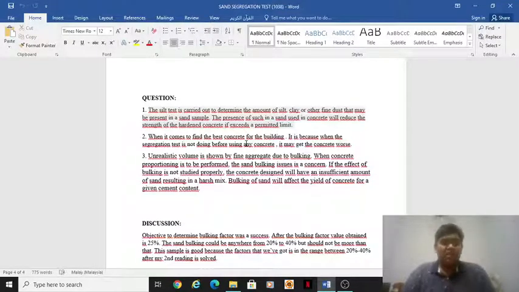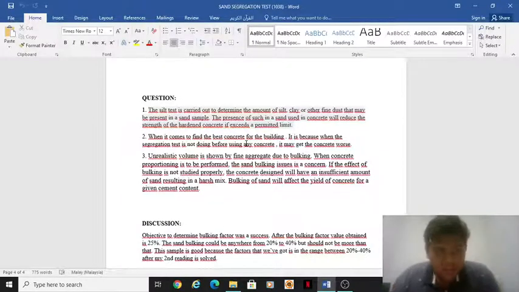For the second question, when shall the sand segregation test be carried out? When it comes to finding the best concrete for the building, if the segregation test is not done before using any concrete, it may make the concrete worse.